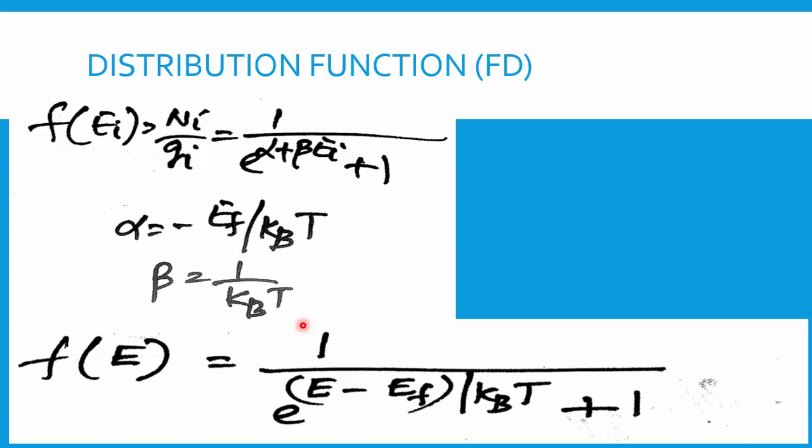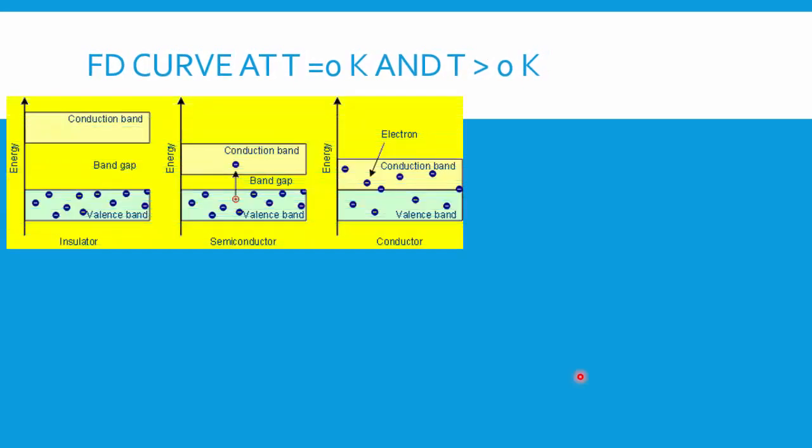So what I'm trying to say is that now I will apply this theory to a specific example. So what is the example that I have to consider? Example is that you know the behavior or the energy band gaps of energy for different insulator, semiconductor and conductor.